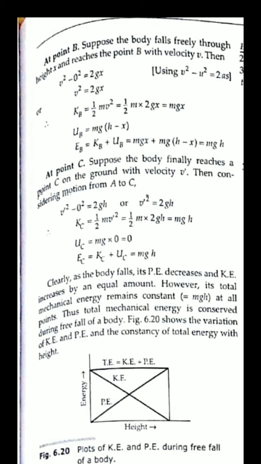Using the third equation of motion, v squared minus u squared equals 2as, with u equal to 0 because it starts from rest, v squared equals 2 into g into x. From that we find v squared. Kinetic energy at point B is half m v squared, so putting in the value of v squared, we get mgx.